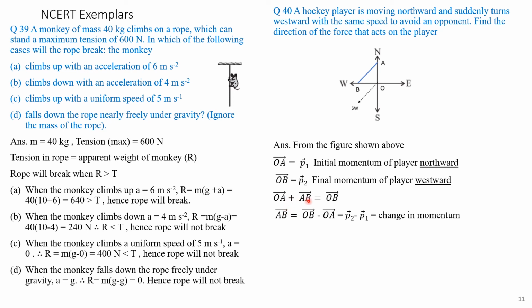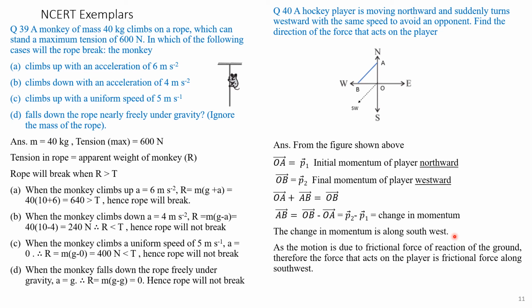Therefore, AB is equal to OB minus OA, that is P2 minus P1, which is the change in momentum. Therefore, the change in momentum is along the southwest direction. That is the answer. As the motion is due to the frictional force, the reaction of the ground, the force that acts on the player is the frictional force along the southwest direction.